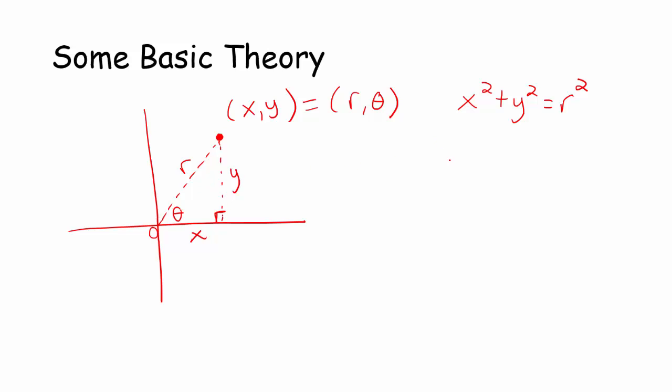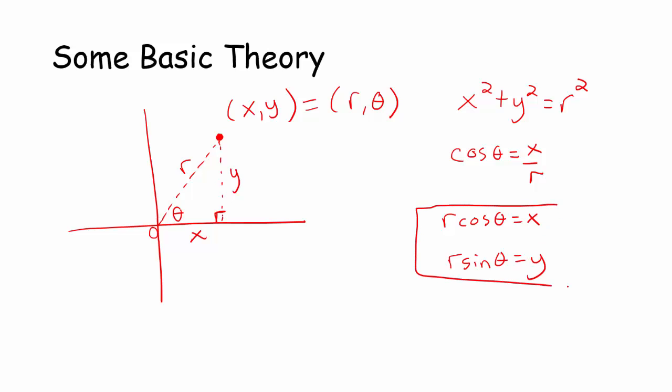We know that the cosine of theta is x over r, which means that r times the cosine of theta equals the x value. And then by similar logic, r times the sine of theta will equal the y value. So these are all equations that relate thinking about space in a polar manner versus a Cartesian manner.